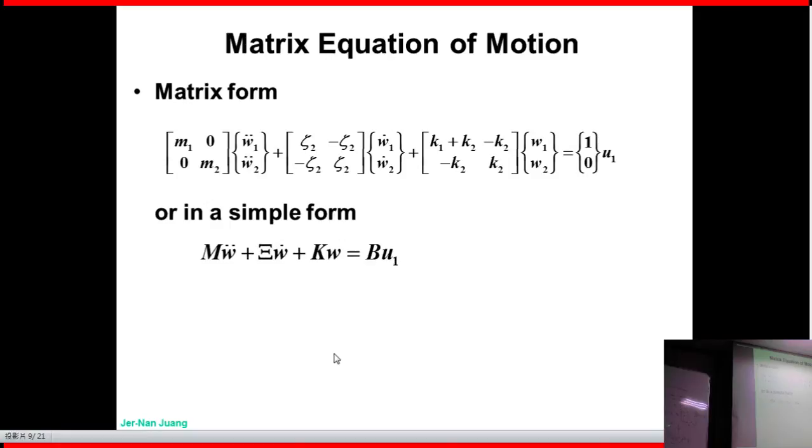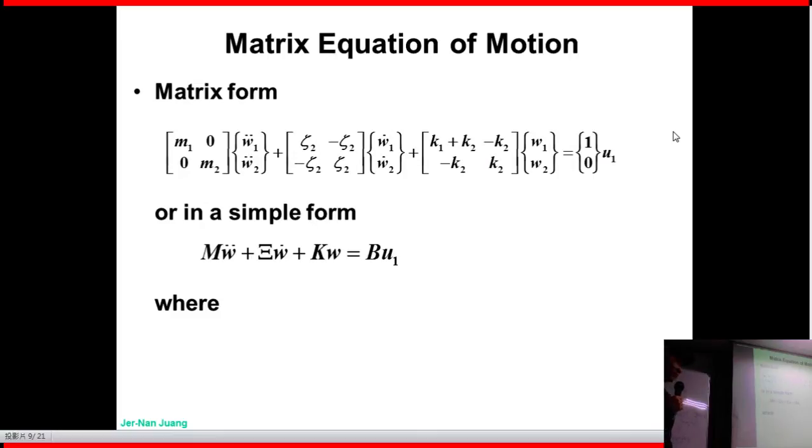So eventually, that's the equation of motion that we are supposed to have. And U1 is our external force. Assume we have only one external force source.